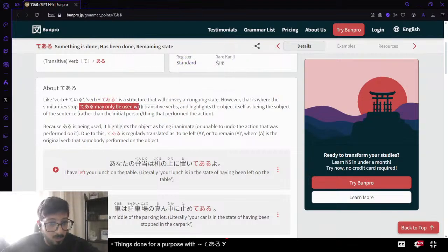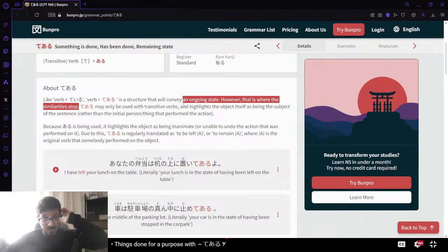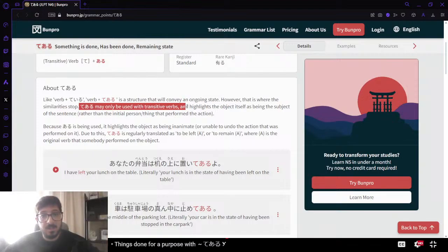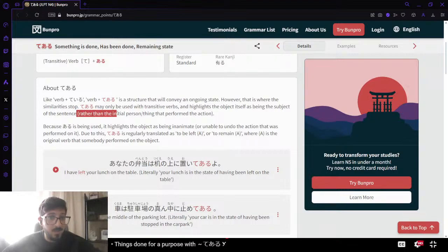Tearu may only be used with transitive verbs. Transitive verbs have an object, and tearu highlights the object itself as being the subject of the sentence, rather than the initial person or thing that performed the action.